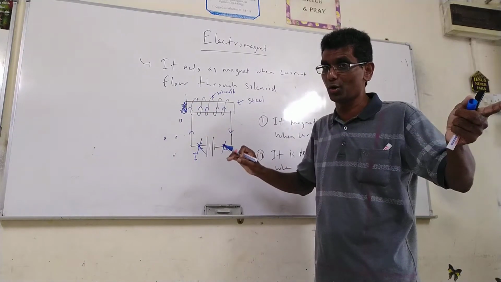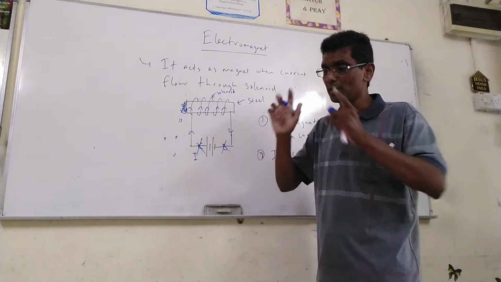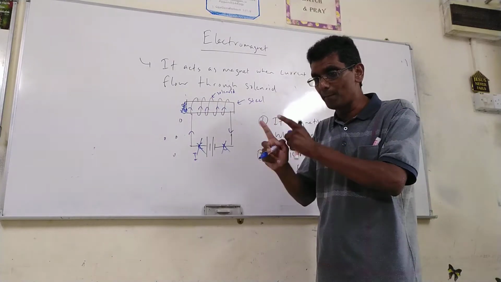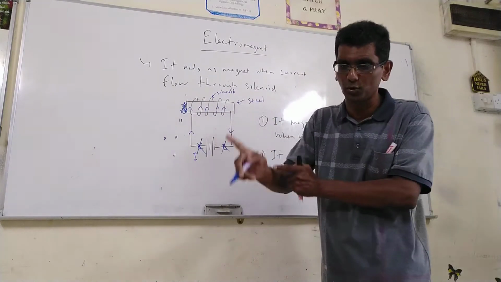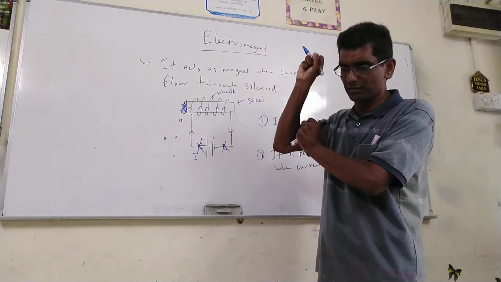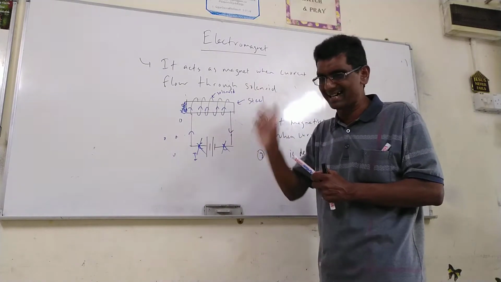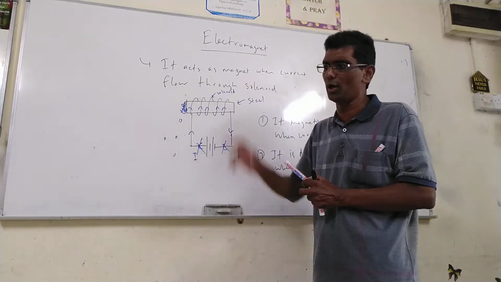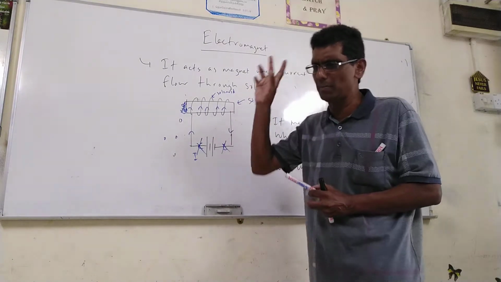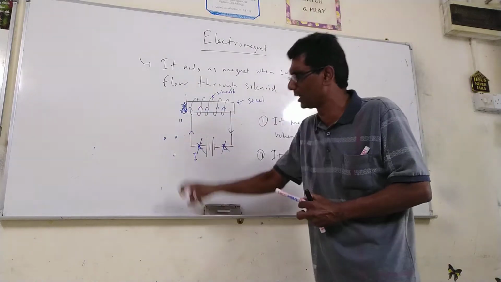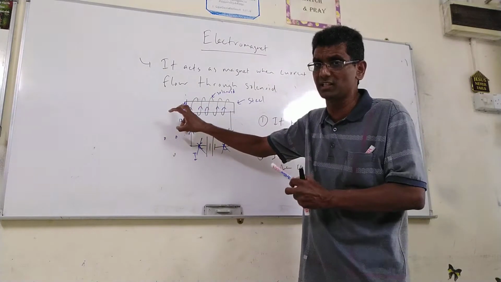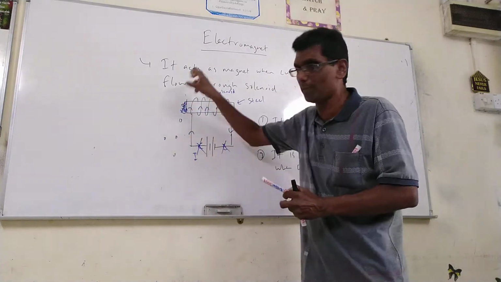Unlike the soft iron core, which becomes a magnet immediately when current flows and attracts all iron things. When the current is cut off, it loses magnetism immediately, so everything drops immediately.